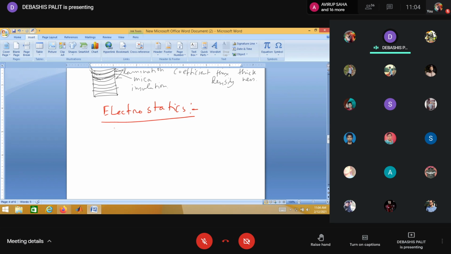Now we will consider the basic law of electrostatics, Coulomb's law.